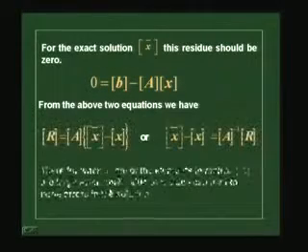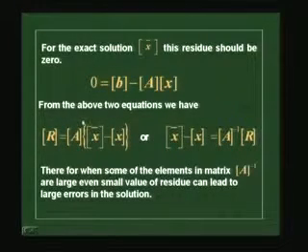But there's one more way of quantifying that, and that is the following. If you get R as b minus Ax, that's our R, right? But if x is the exact solution, then we will have this as 0, right?